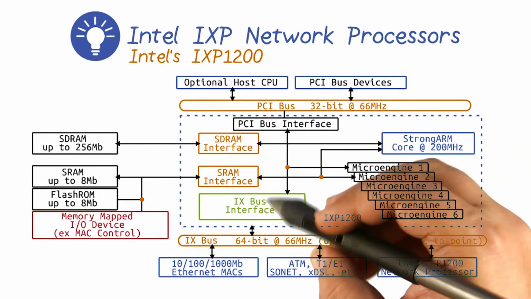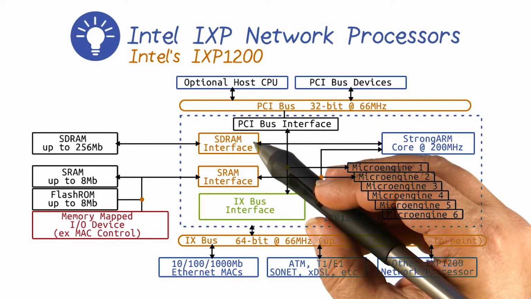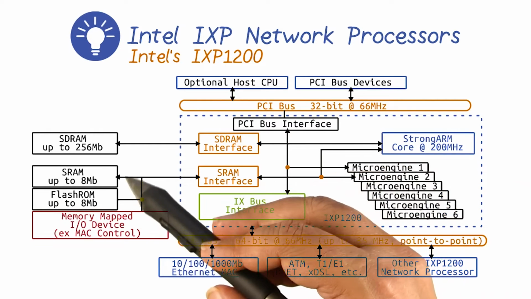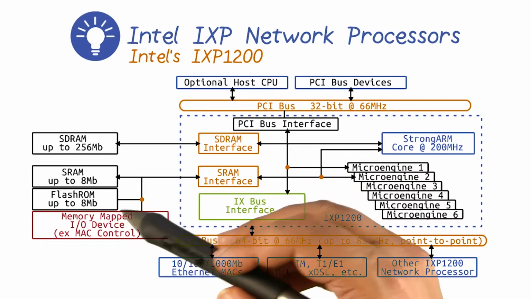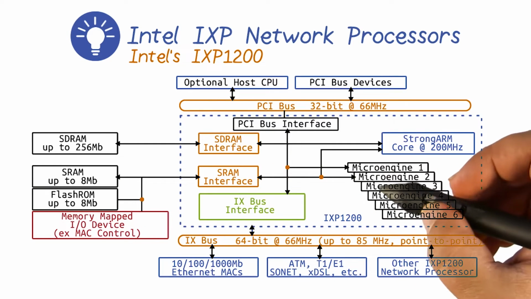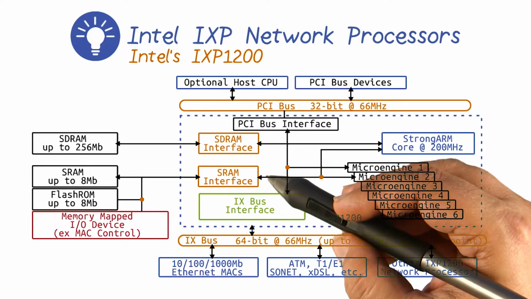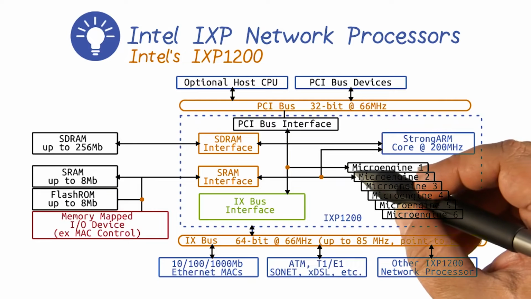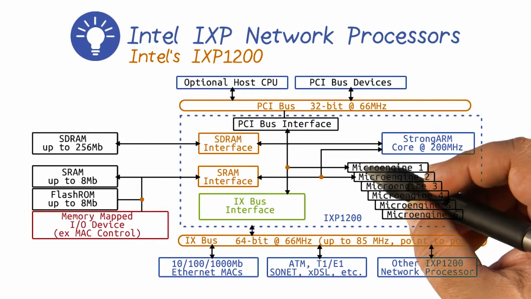As the packets are brought in, they are stored in one of the memories here, which is SDRAM, which is on-chip memory. We also have a substantial amount of SRAM, which is off-chip, and flash ROM, and so on. And then we have several micro engines which work on these packets, do their processing, and once the processing is over, they deliver the packets on the outbound buses.